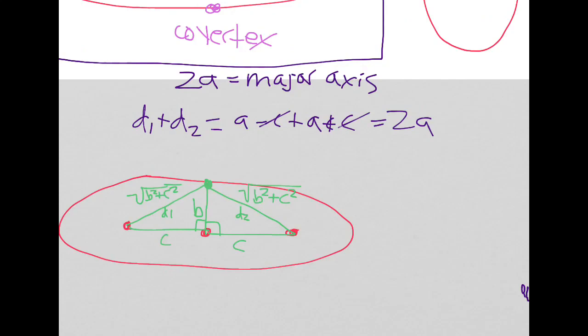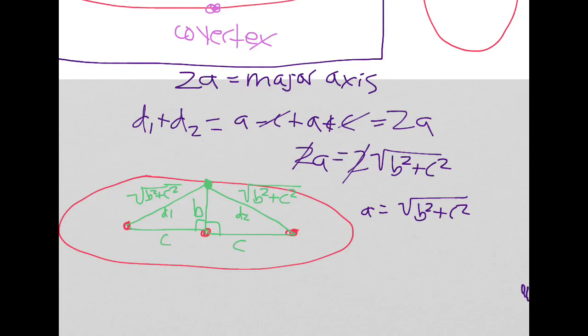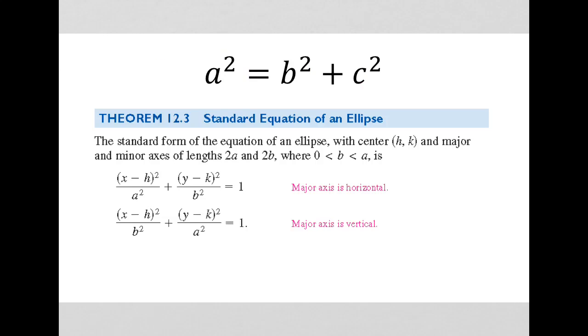And so we get the relationship 2A, which we already found to be D1 plus D2, has to equal this new distance, which is 2 times the square root of B squared plus C squared. And so I can divide by 2 on both sides, and I'm left with A equals the square root of B squared plus C squared. And if I square both sides, A squared equals B squared plus C squared, which is hugely useful to us.